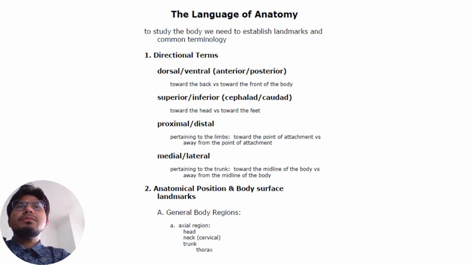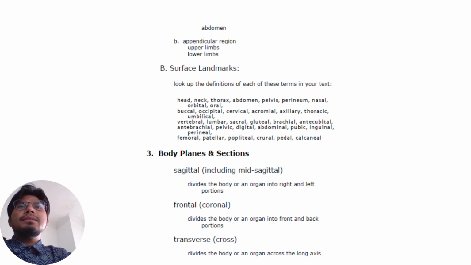The appendicular region is the upper limb and also the lower limb. The second one is surface landmark, which directly refers to the specific organ like head, neck, thorax, abdomen, and so on.